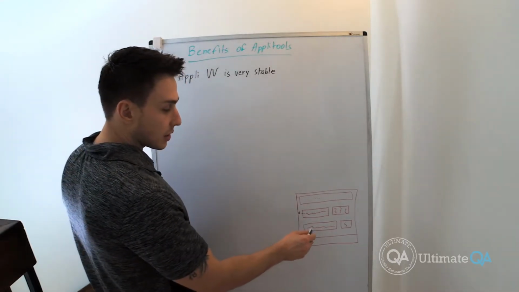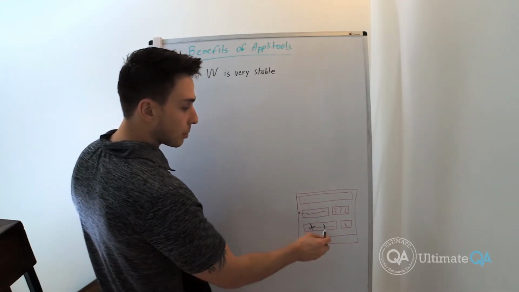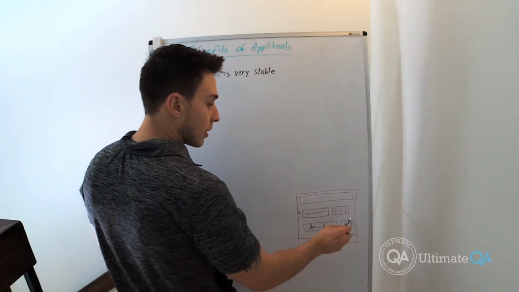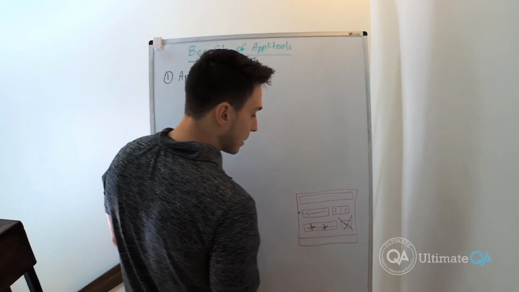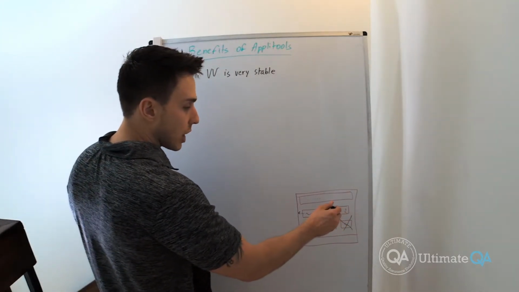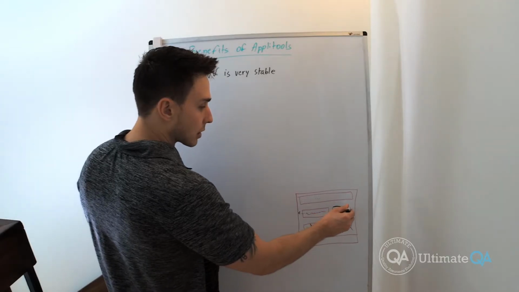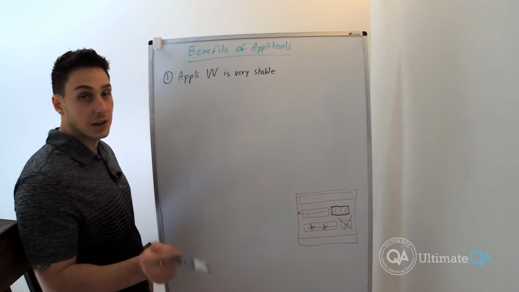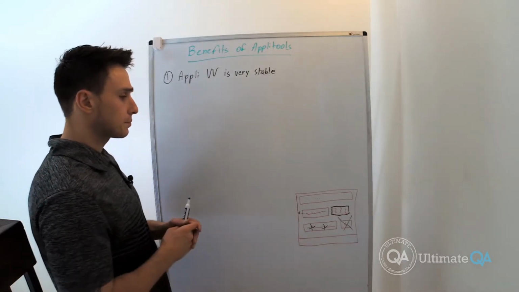Maybe the text in here could get messed up for whatever reason. Maybe this image over here can totally disappear, any kind of that stuff. Or even maybe the style can change. So now instead of a pink box, it becomes a black box. I made it very weird like that so you can see that it overlaps.